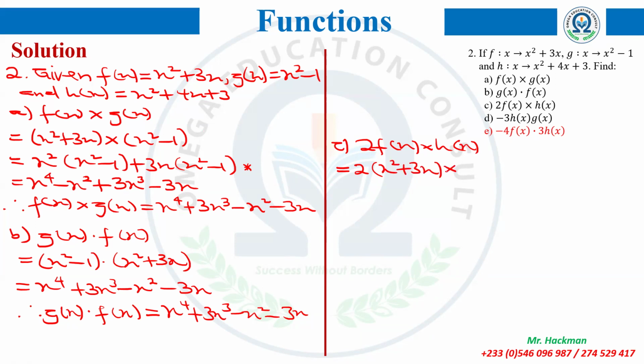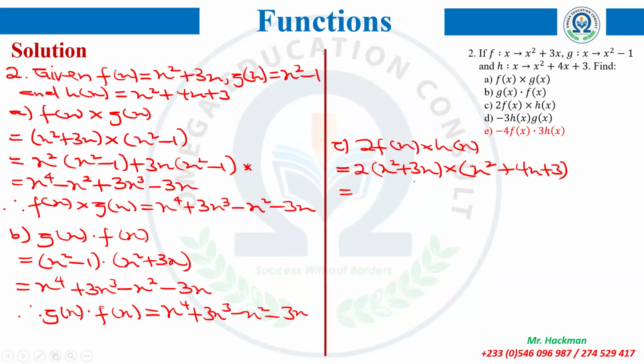Then times your h of x, you are also going to substitute. Remember, you put it in brackets. And that is your x squared plus 4x plus 3. Okay, so at this point, this is what you need to do.